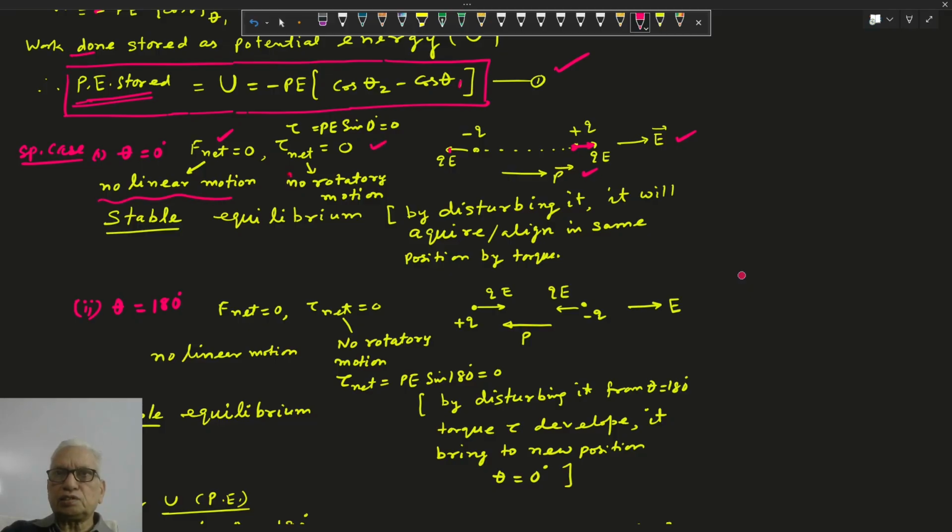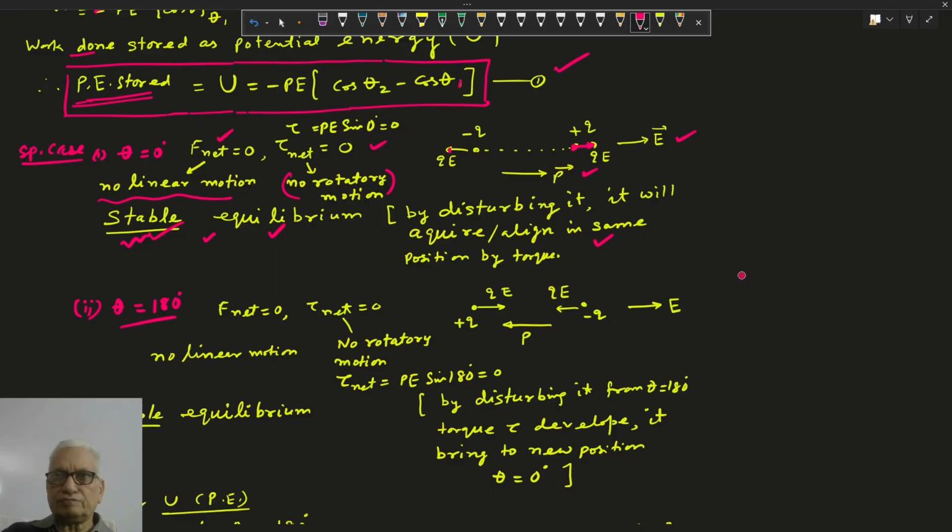Torque 0 means there is no rotatory motion. No motion is happening, so it is called equilibrium. But suppose we disturb it, either clockwise or anti-clockwise, torque develops which again aligns it in the same direction. So this is called stable equilibrium. After being disturbed, it again acquires its position. So this is called stable equilibrium.